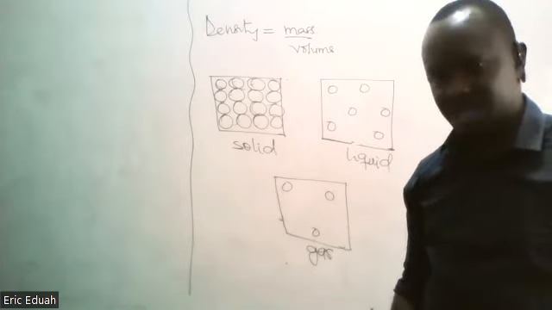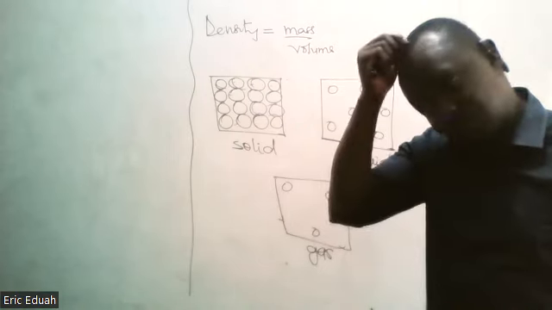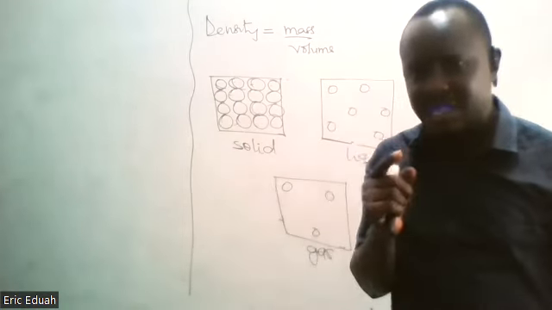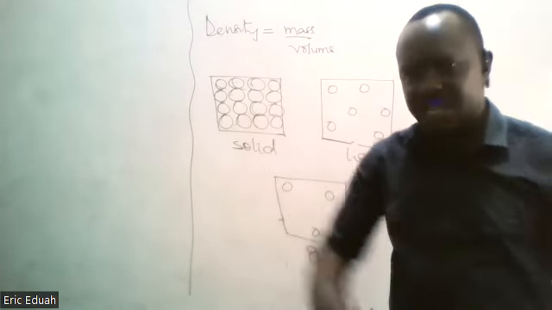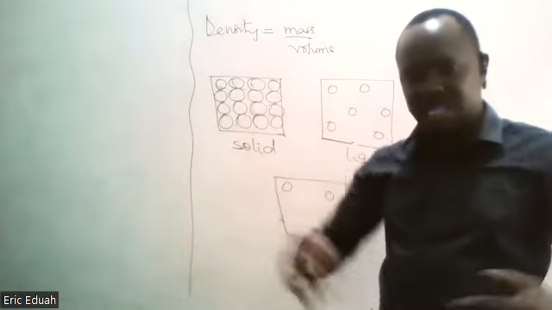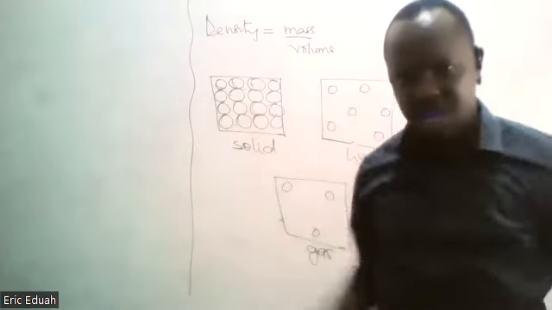We often use the word density to describe population density, density of organisms, the number of organisms within a given area.